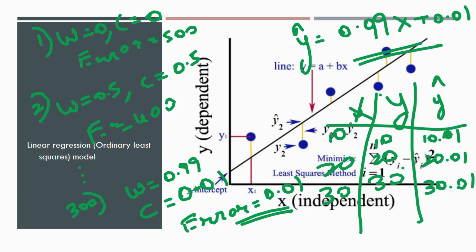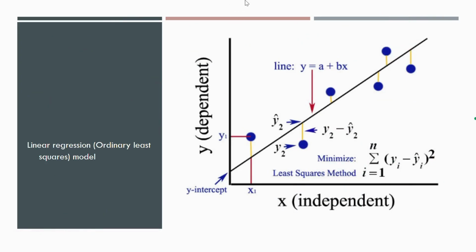There is still an error, but we have said that we can accept this error. In this way, our model is learning the weight and the bias, or W and C, which is the slope and intercept of the line, till we get the final model which satisfies our error expectation. Then we stop, and all of this is represented in this diagram.